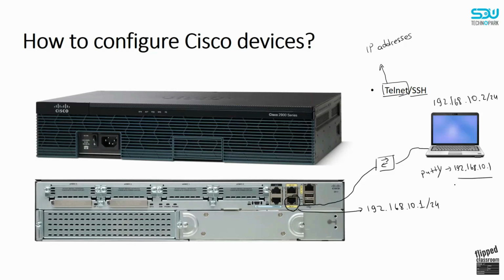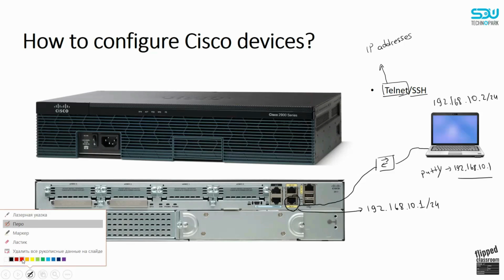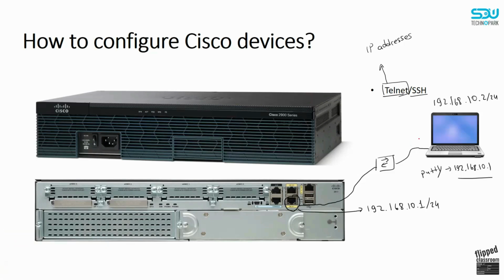Afterward you can have access and configure your device, but this configuration will not be secure, because all the information which travels from you to the router and from the router to your computer will be sent and delivered in just open text.